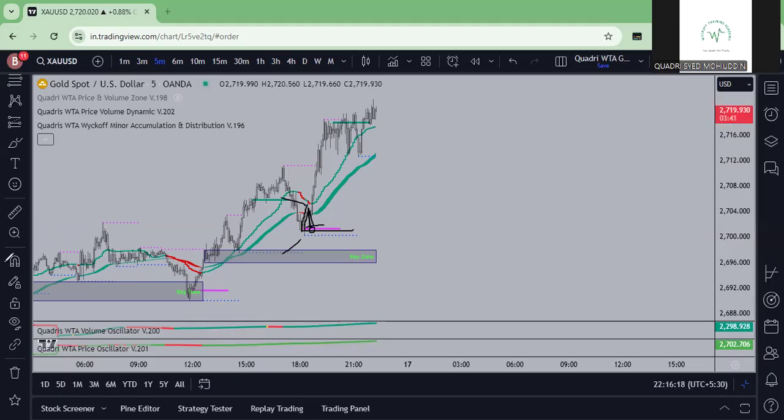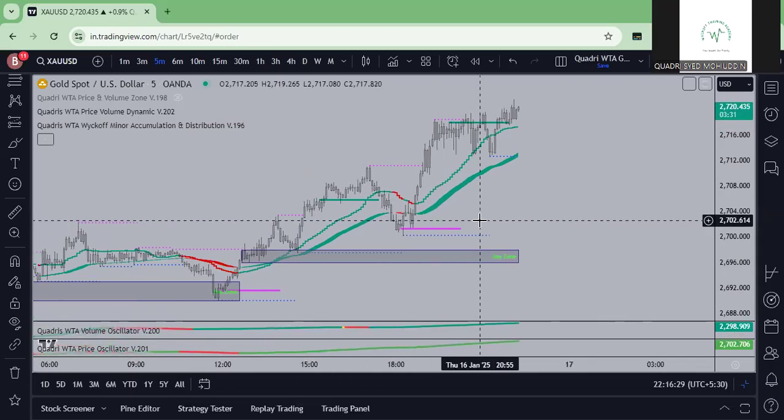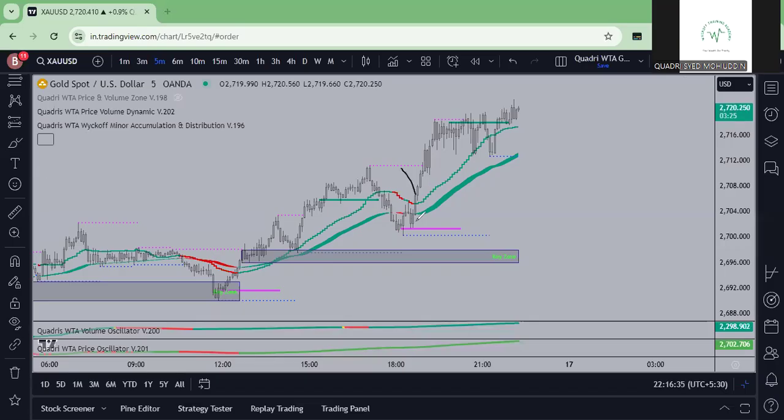I haven't included the 155 version in this particular indicator because many people find it very useful, while some find it difficult for entry. Sometimes you get a demand candle over here, and the question arises in the trader's head: why shouldn't I buy here?